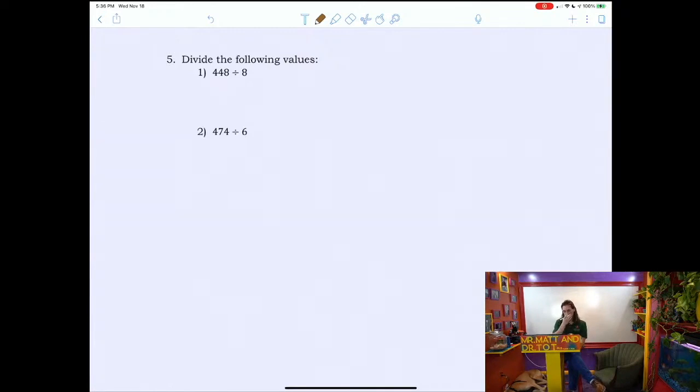You're probably going to want to orient these vertically and then divide as I showed you in the beginning of the lesson. So you first want to orient, I'll orient the first one for you. So we'd have 448 divided by 8. So we have 448 underneath the division sign, and we have 8 outside of the division sign. Okay, so I'm going to give you 3 minutes and then we'll review.